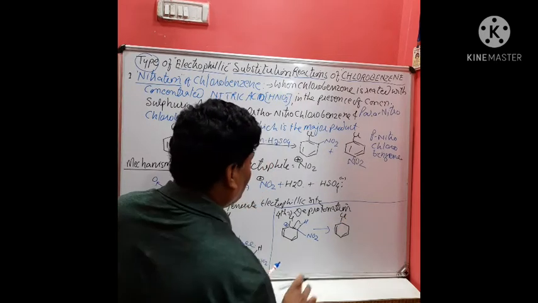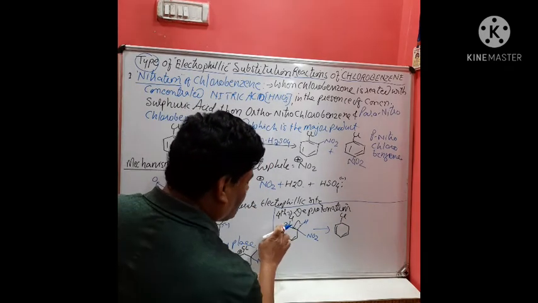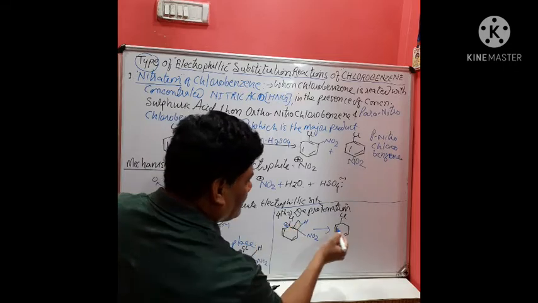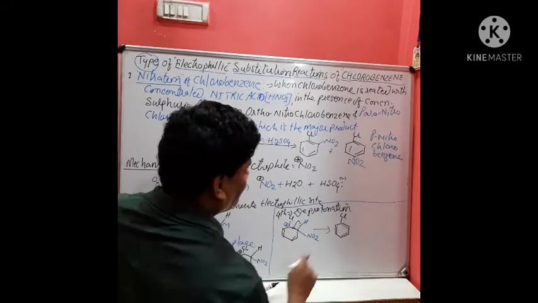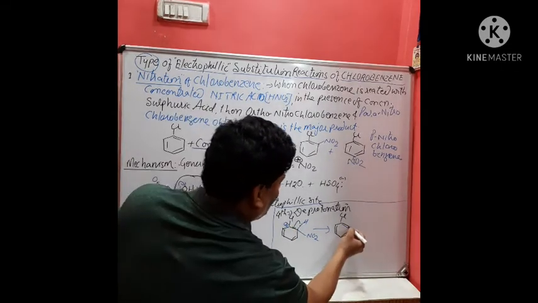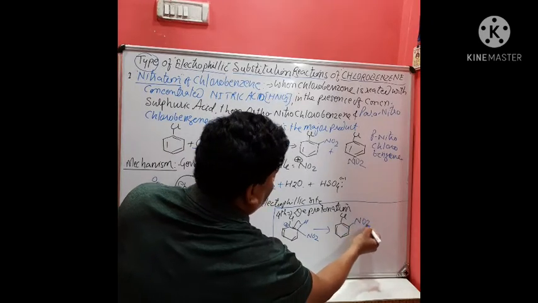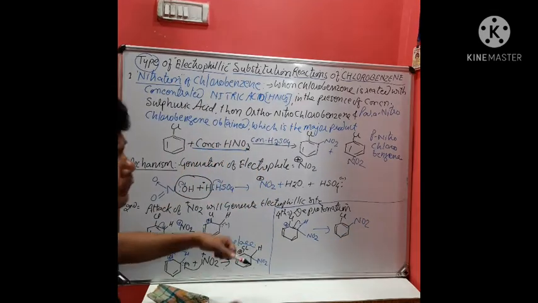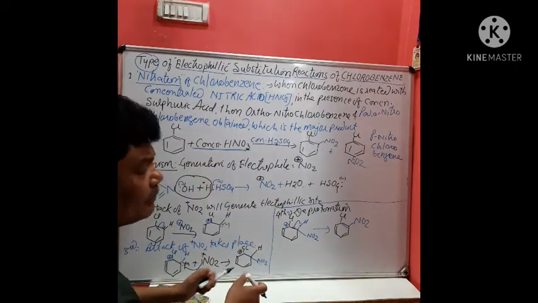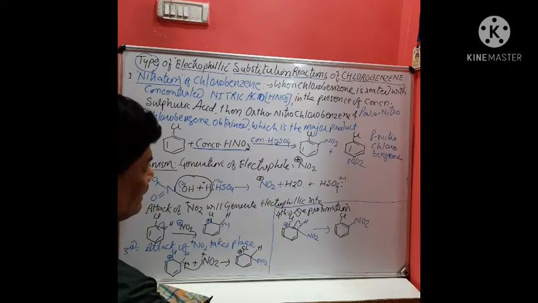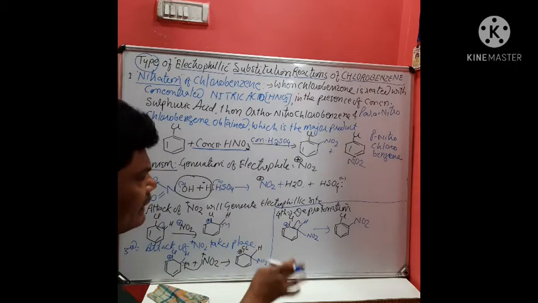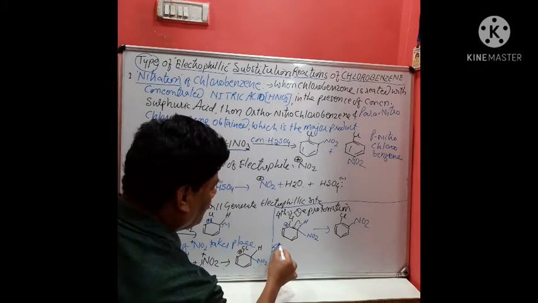This is Cl, but now the plus sign will be removed because the electron has entered the benzene ring, and the NO2 will take position. Again I am showing you by forming ortho, but actually you have to explain by para. Even if you write ortho, no problem. And the last one?